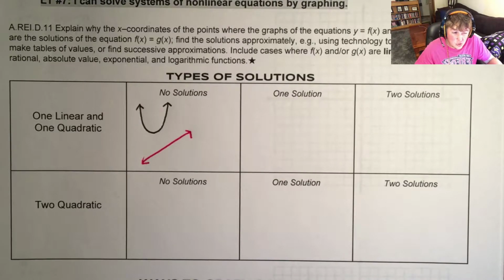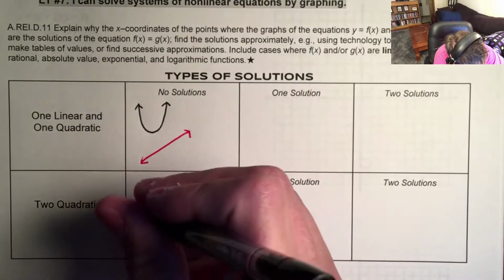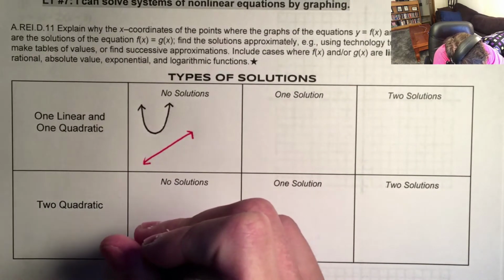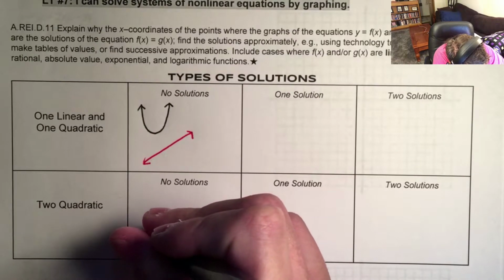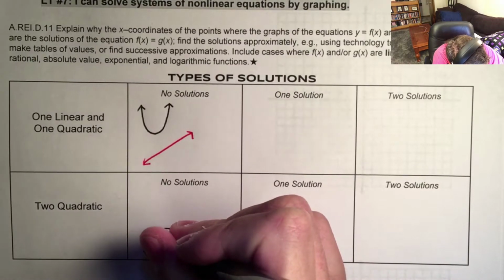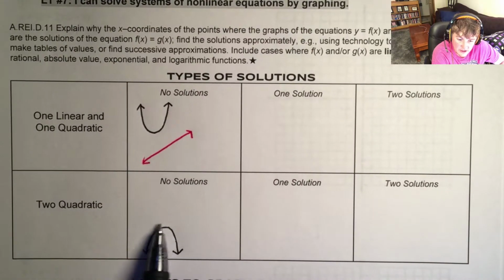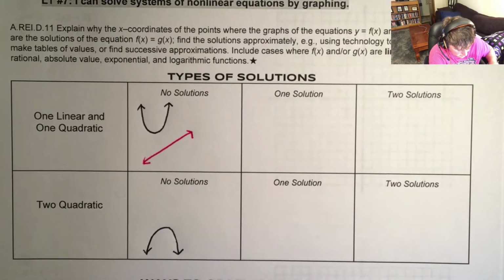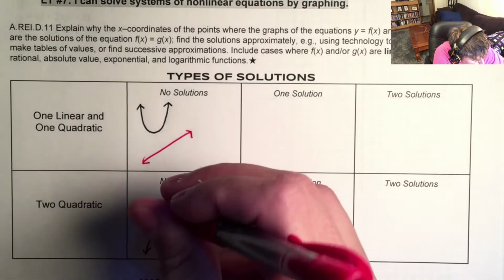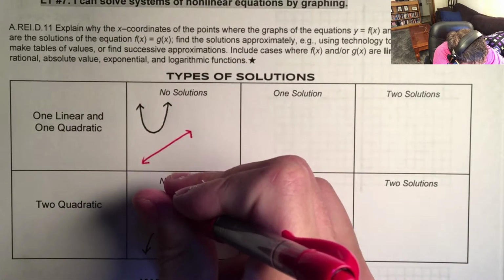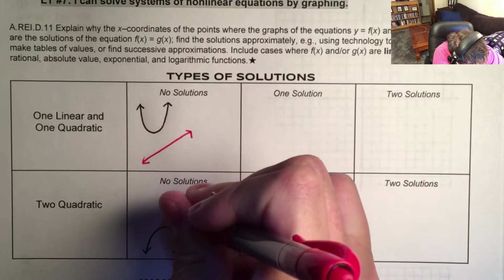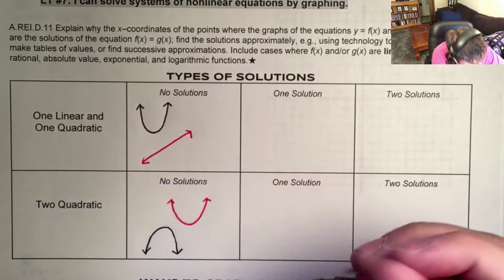Okay, what if I have two quadratics? This is possible, and there are a bunch of different ways. Again, let's say I have a parabola, and let's say this one's opening downward. We could have one that opens wider and goes right over top of it, or a more realistic situation would be a parabola that opens up like this.